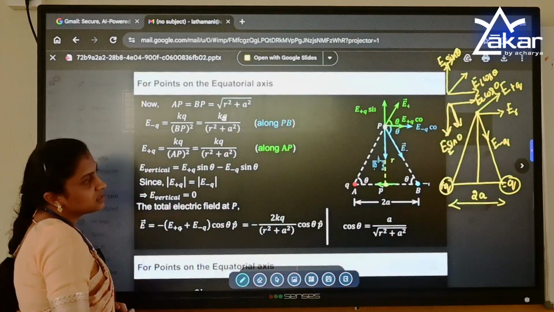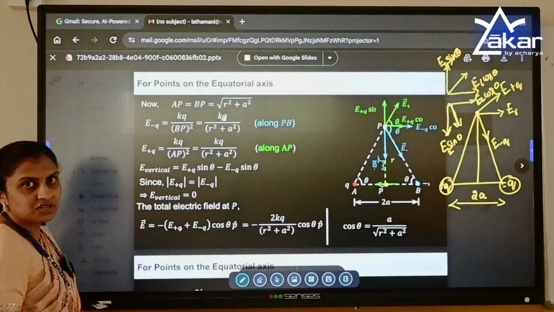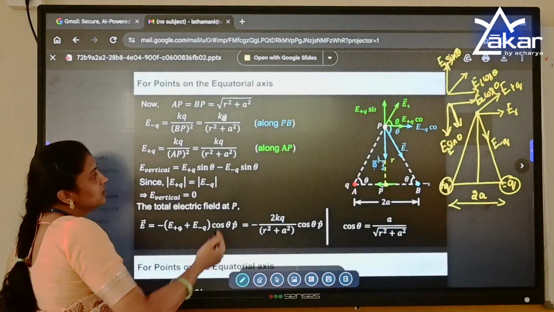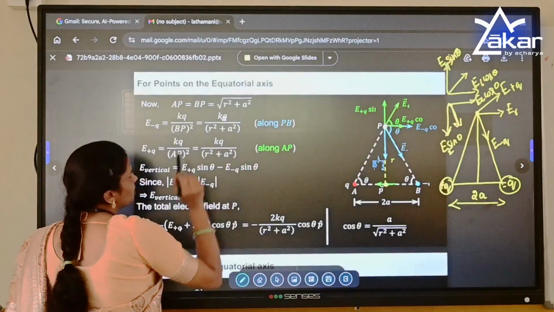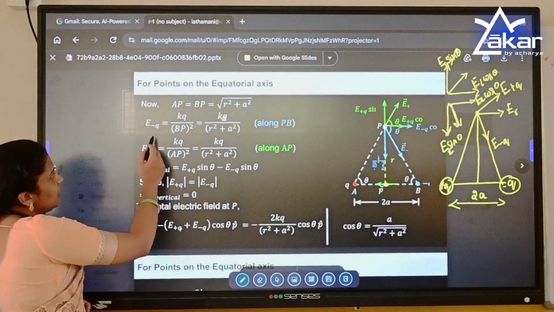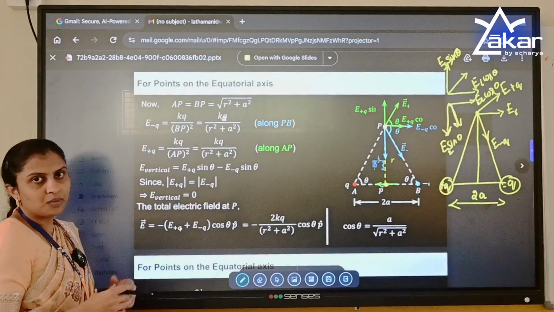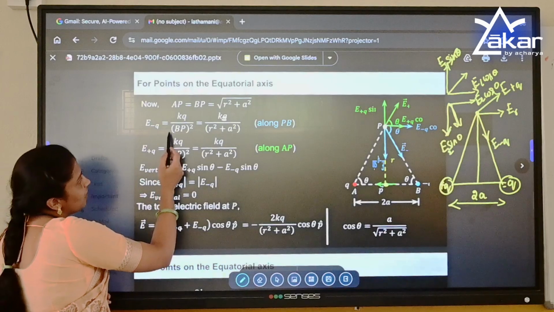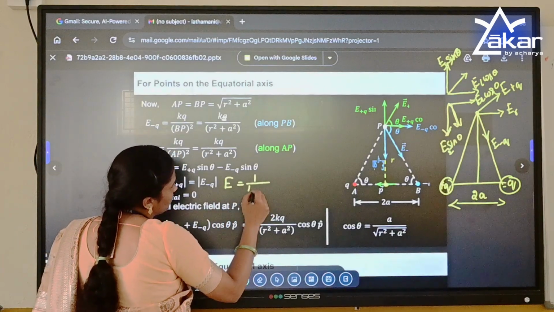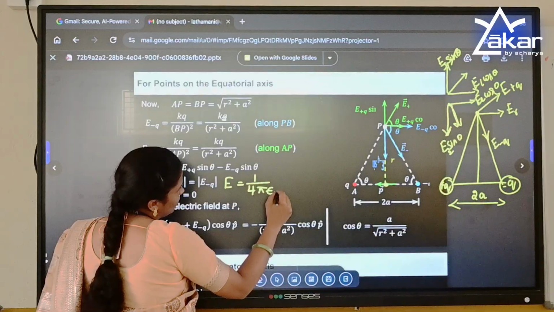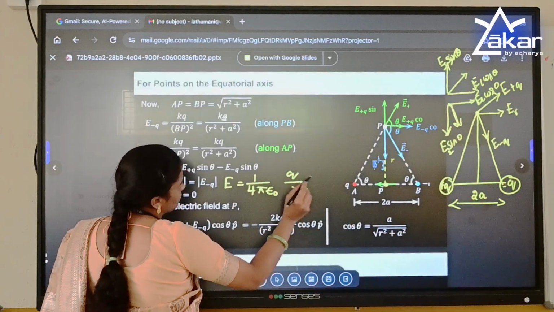So we know the distance is r. In the last derivation we did r plus a whole square, so that I can write it as root of r square plus a square. Then E minus Q. First we have to find out along BP. So what is the formula for electric field? E is equal to 1 by 4 pi epsilon naught Q by r square.